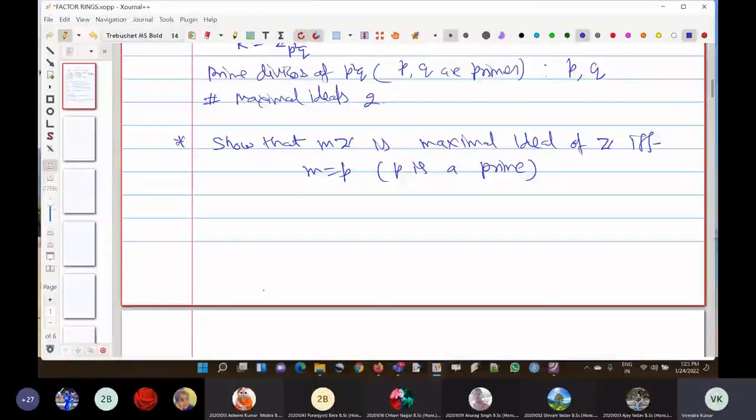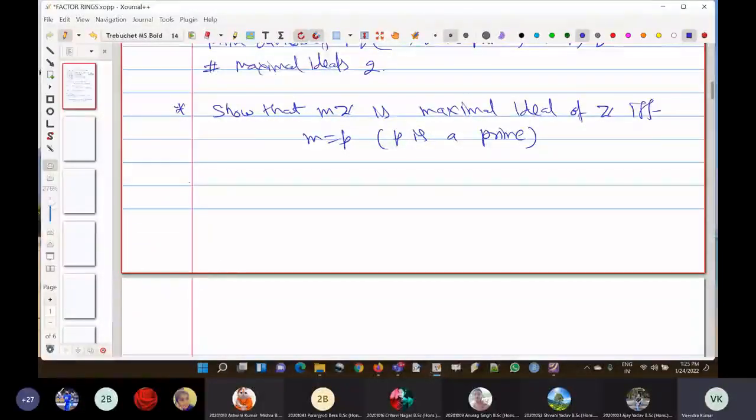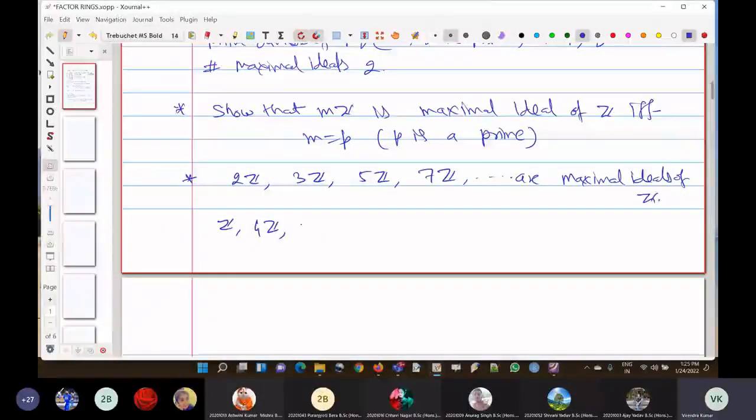So many interesting things that we can have. So from here, we can say that 2Z, 3Z, 5Z, 7Z are maximal ideals of Z. Can Z be... 4Z, no, and 6Z, 8Z are not maximal ideals.